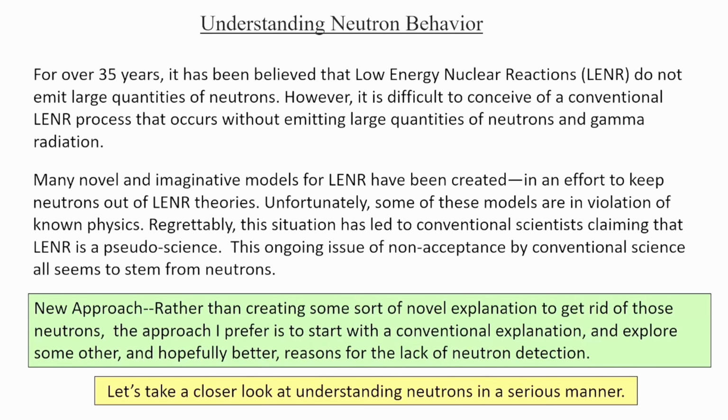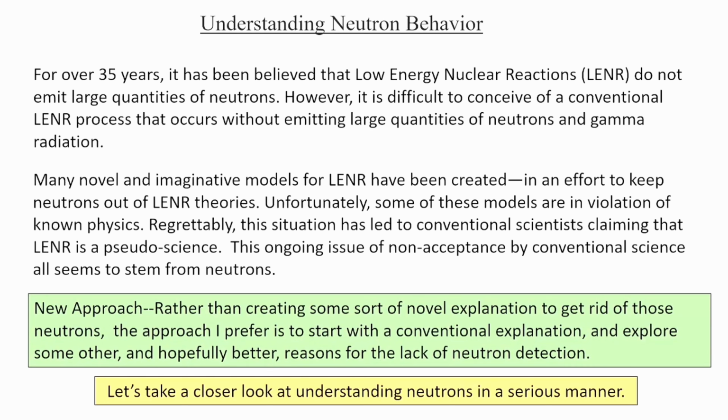For over 35 years, it has been believed that low-energy nuclear reactors, LENR, do not emit large quantities of neutrons. However, it's difficult, as we all know, to conceive of a conventional LENR process that occurs without emitting large quantities of neutrons and gamma.